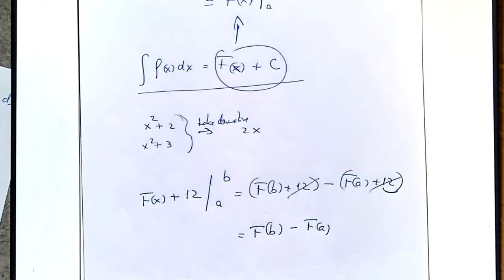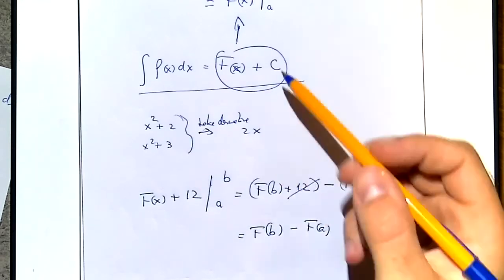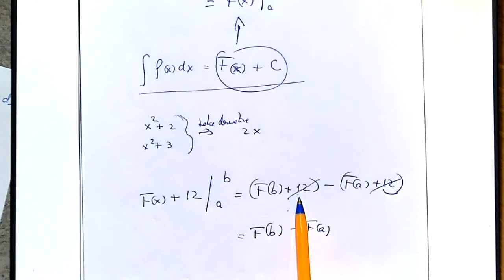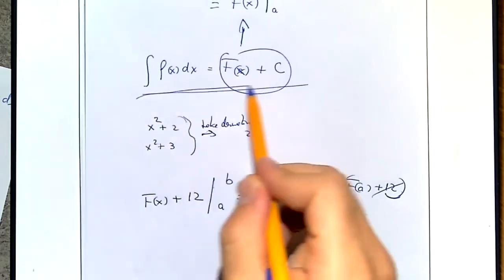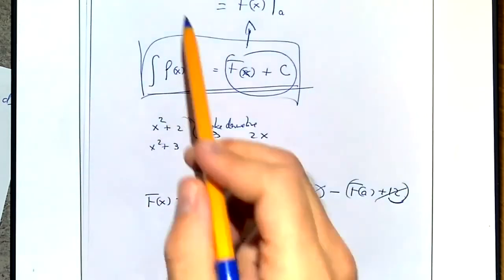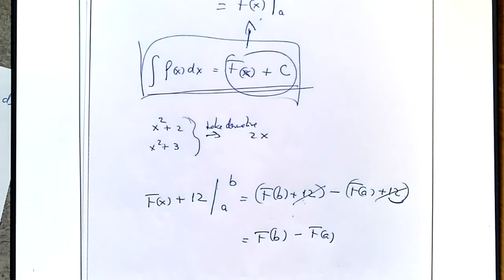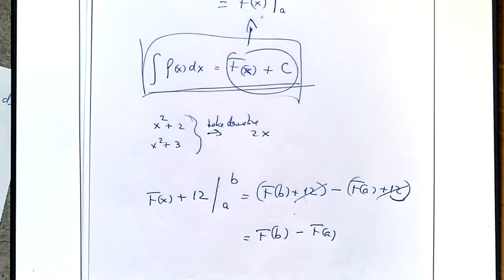The only case in which it wouldn't simplify is if I had a different constant here and here, but I showed you we're fixing one. Okay? So for indefinite, write it as a constant. For definite, the constant goes away, you can forget about it. You don't even need to write plus c minus c. Nobody cares about that. Don't write it in a definite.